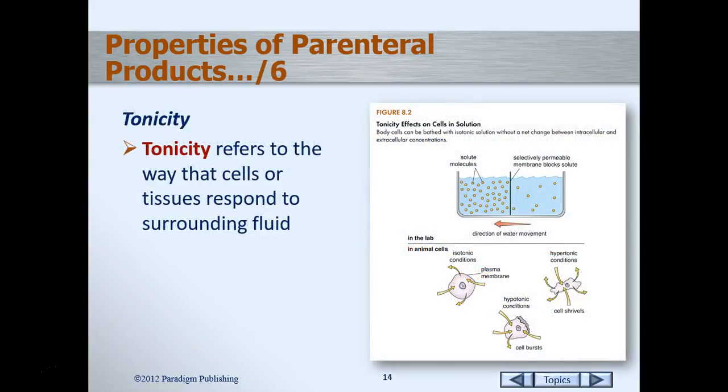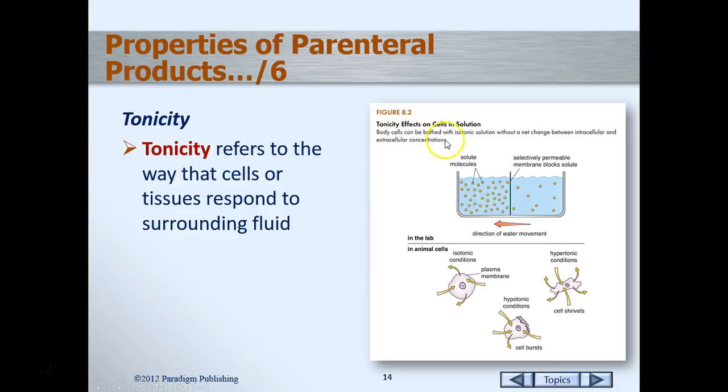That leads to the quality of tonicity. So tonicity refers to the way the cells or the tissue responds to the surrounding fluid. So in this diagram, it's giving you the effect of tonicity on the cells in a solution.